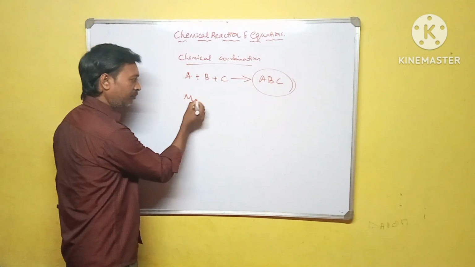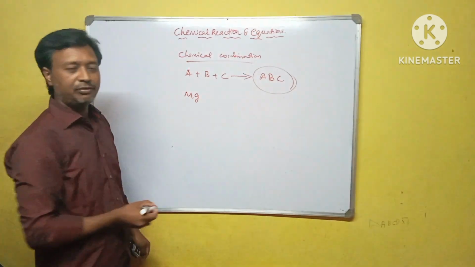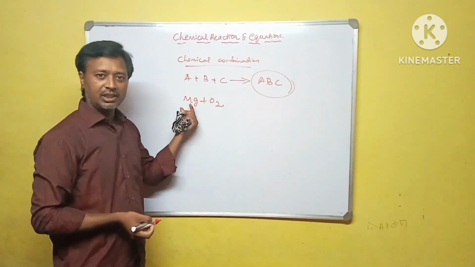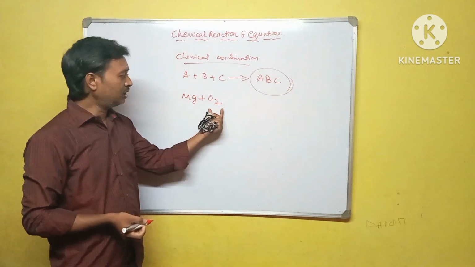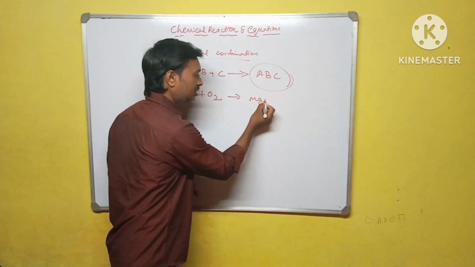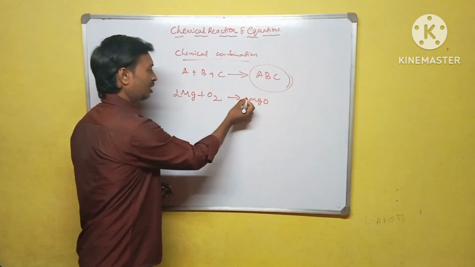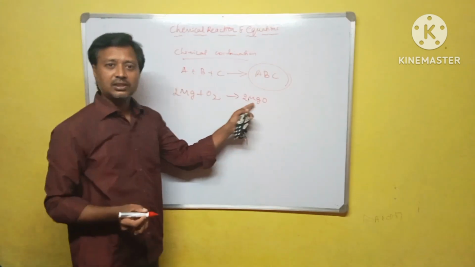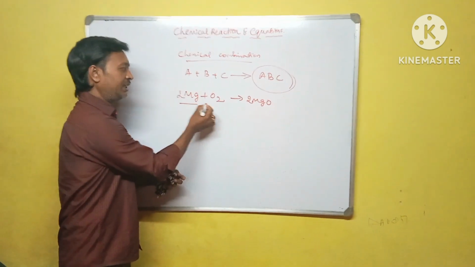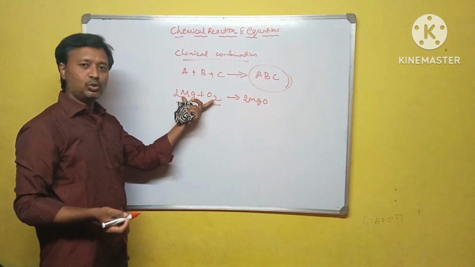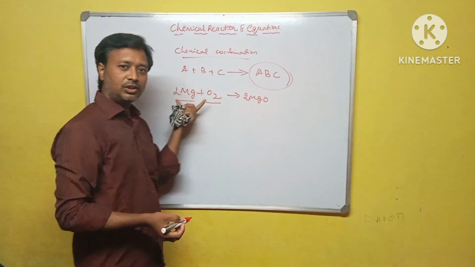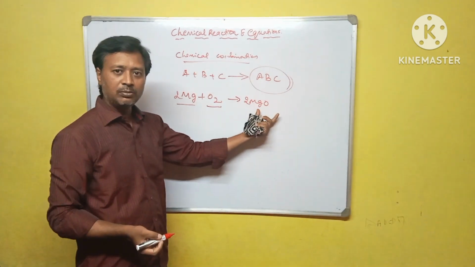Example: magnesium ribbon. If it is burned, it consumes oxygen and produces magnesium oxide. Look here: one Mg and one O2, two reactants, give one product.